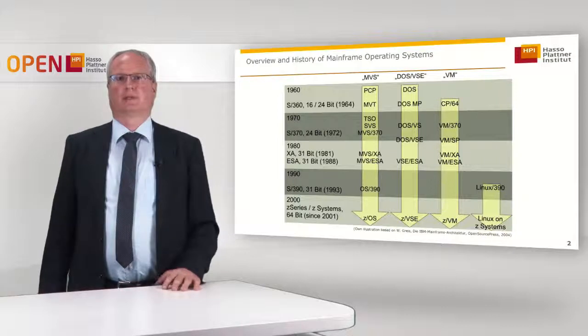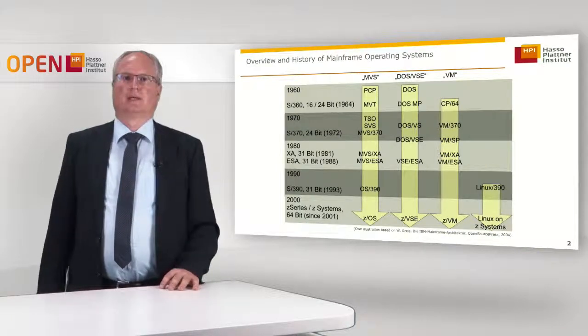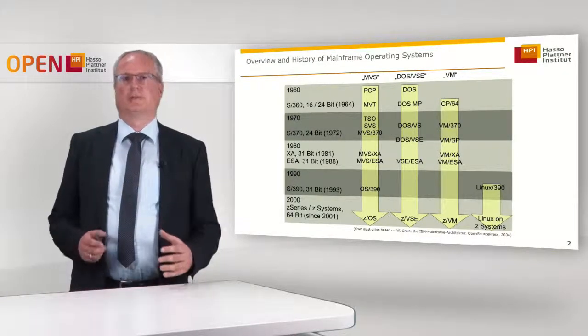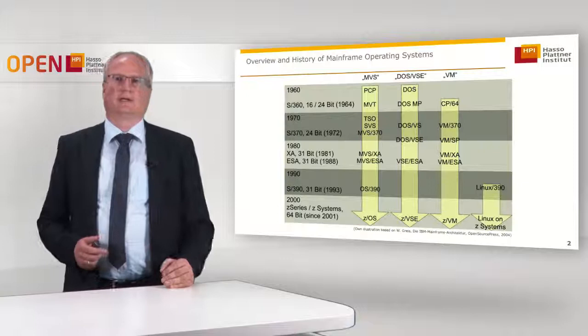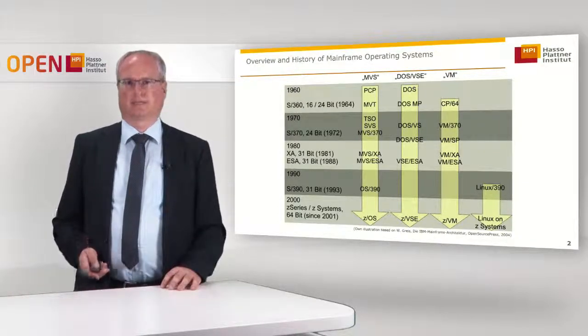And while the name changed over the years, the basic structure has remained. And zVM is the product that allows software-based hardware virtualization on the mainframe, or the System z architecture.